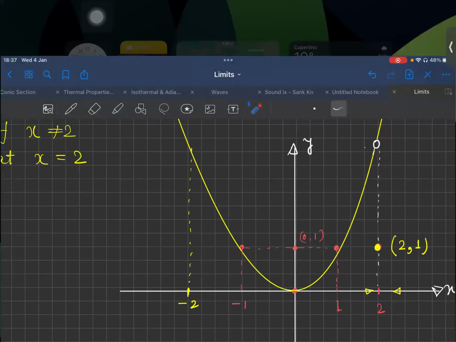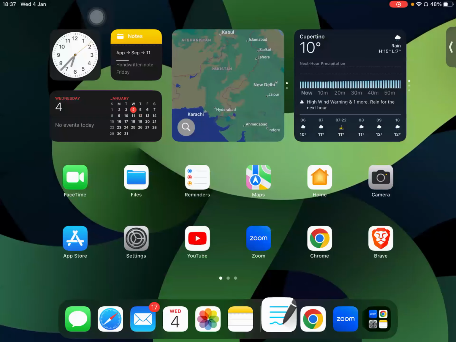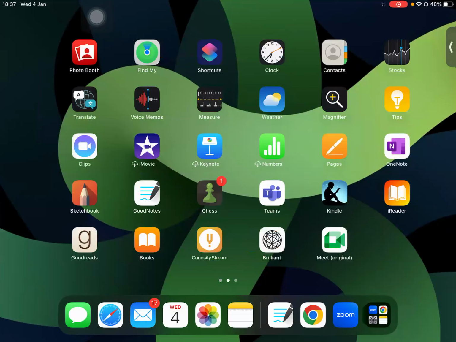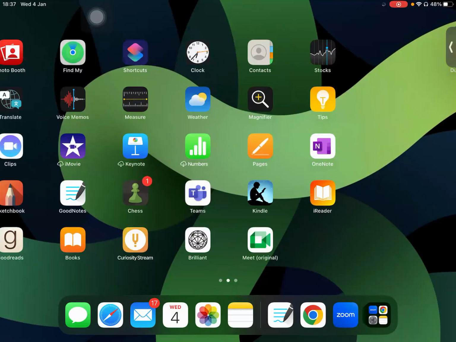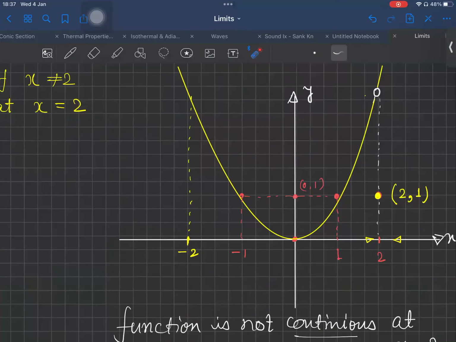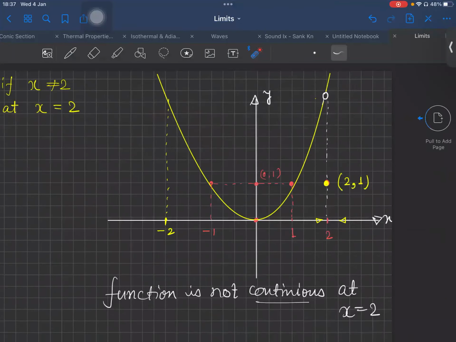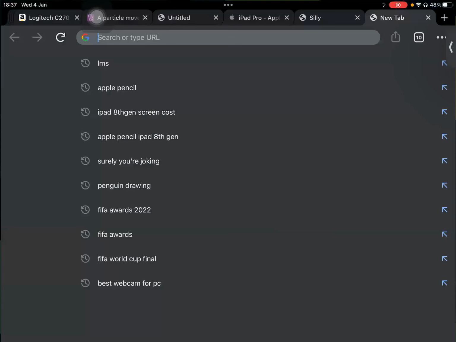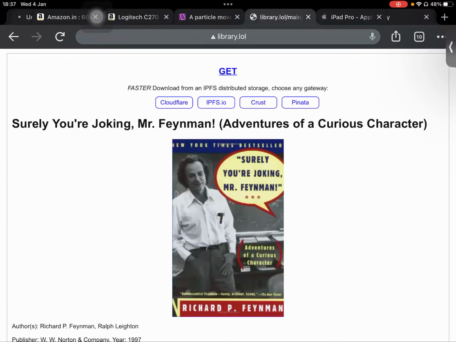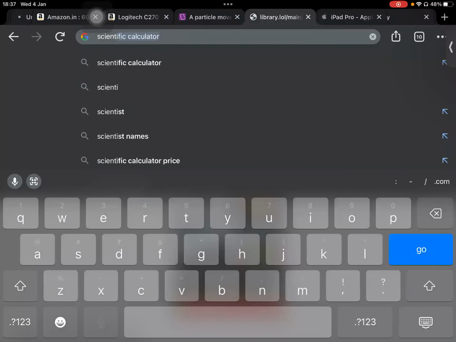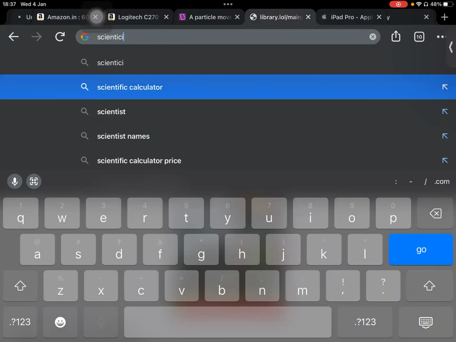We can use a calculator to understand it. Do you guys have scientific calculators? Anyone? It's always interesting to do that. Let me check. Scientific calculator.